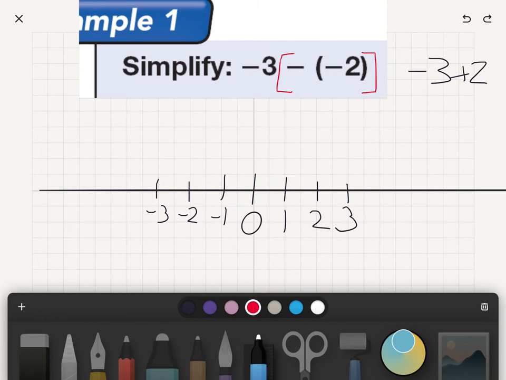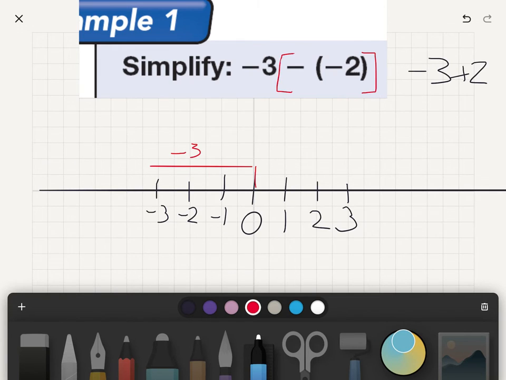So -1 plus -1. We're going to start out by starting at 0, then going 3, a value of -3. So -3 means you're going to the left.